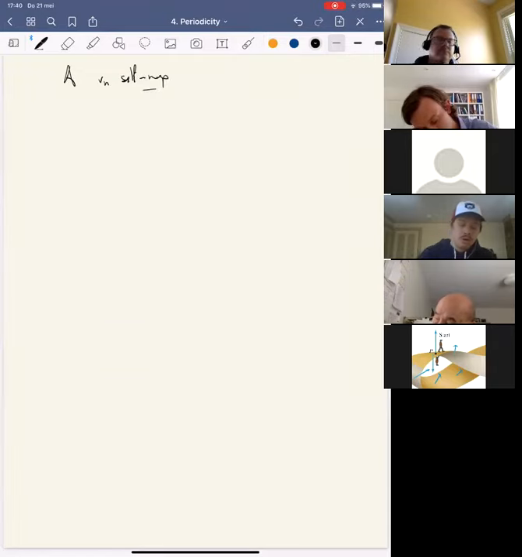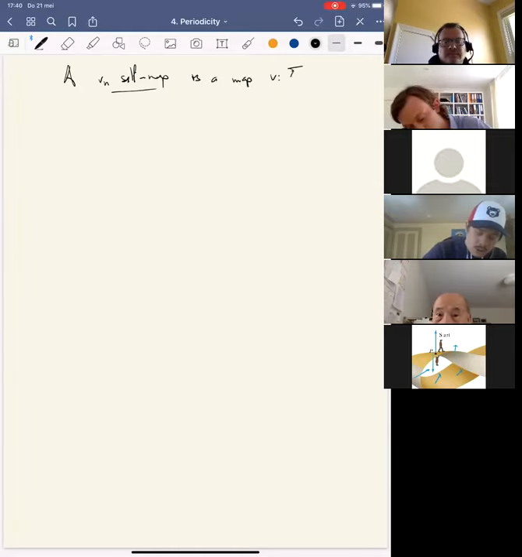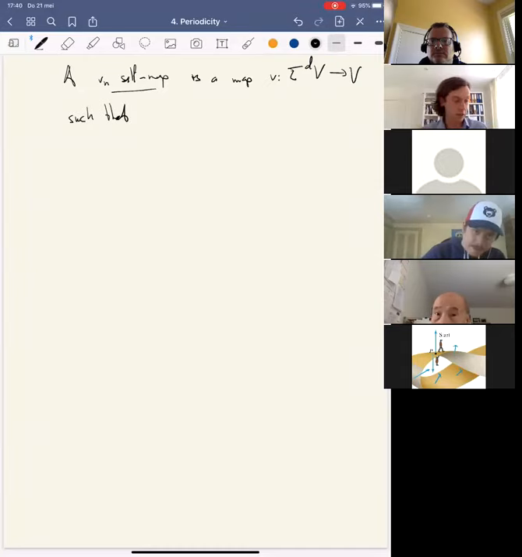So a Vn self-map is a map, say little v, from some suspension of such a spectrum to itself, such that, well, it's like the Adams map in the following sense.